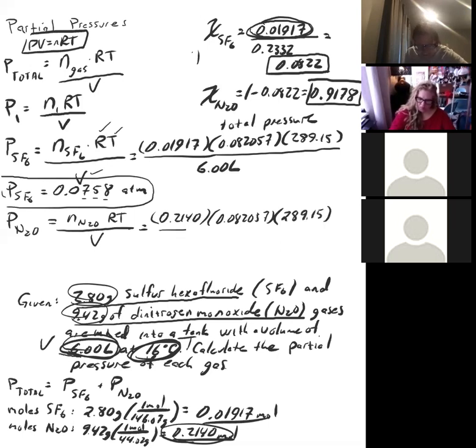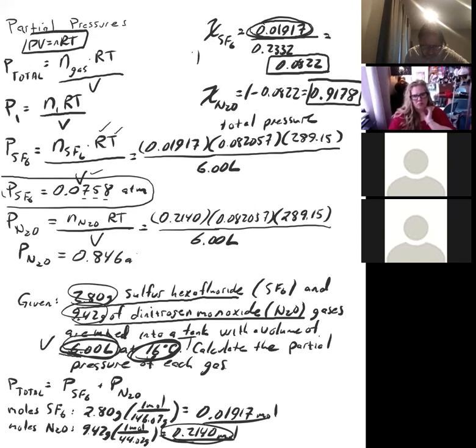And then we're going to divide that by the volume. The volume is the same volume because they're in the same container. So nRT over V, 0.2140 times 0.082057 times 289.15 divided by 6.00, and you're left with a pressure for N2O. Again, this is called partial pressure. I'm going to round it to 3 sig figs, 0.846 atm.